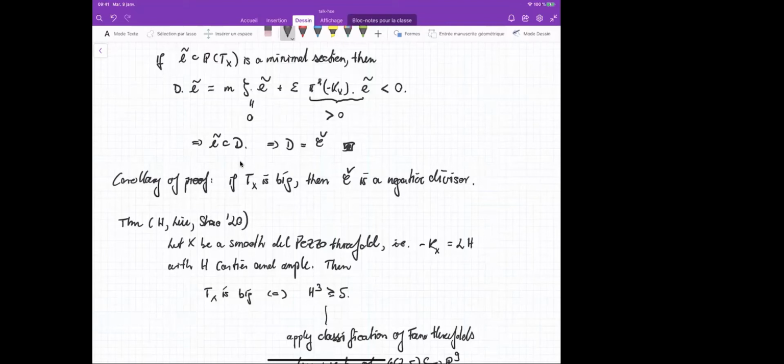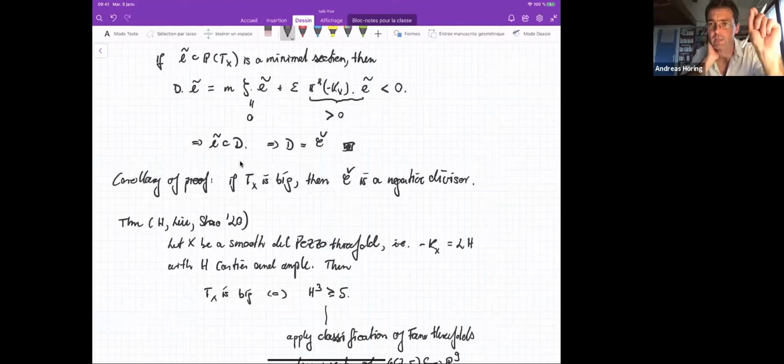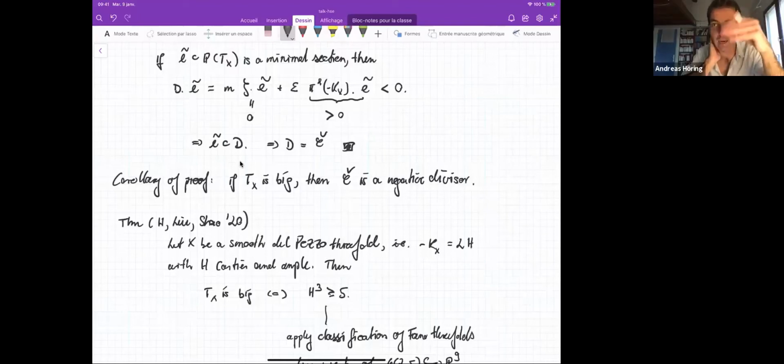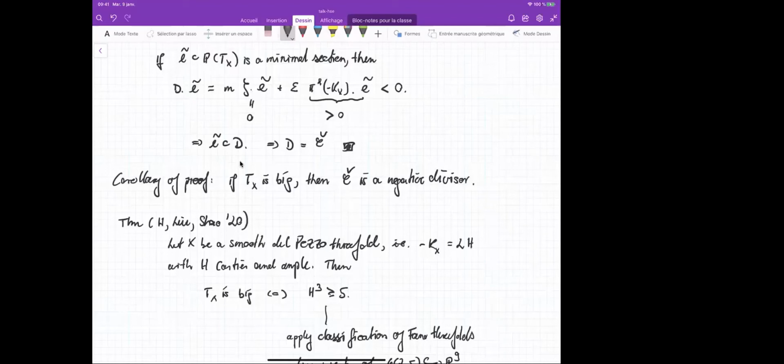Yeah, so as I understood, one part of the argument was that you had a big divisor xi, you just added a small divisor, and you still have a section. I subtracted some positivity. Yes, but up to taking multiples.